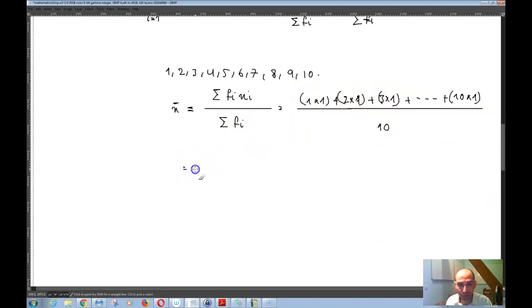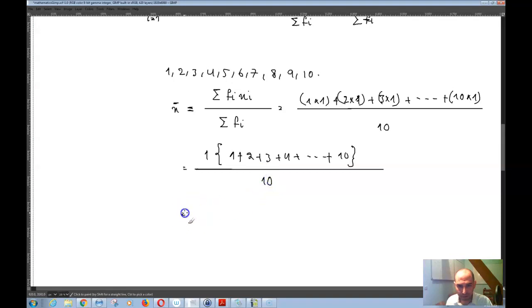Now, in the numerator, since this 1 is common between all of these terms, I can write it as 1 times 1 plus 2 plus 3 plus 4 plus all the way up to 10, divided by 10. So I can write this as 1 times, and this is nothing but sigma x of i over sigma f of i.